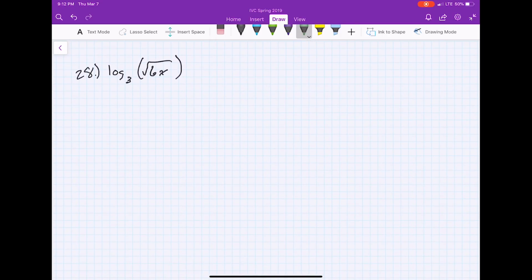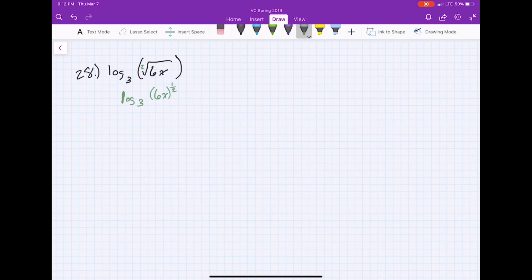And this one is trying to throw us for a little loop, giving us a radical inside there. Remember, this is actually a square root, it's a 2. We don't write the 2 because we assume it. So this can be rewritten as 6x to the half power, or exponent of 1/2. So that gets rid of that radical inside.